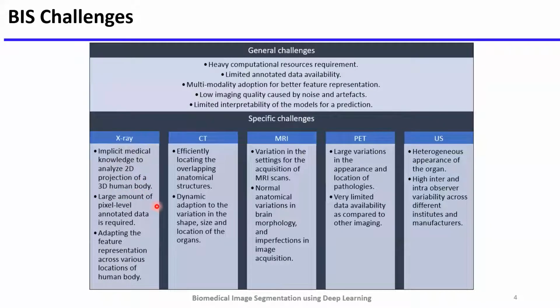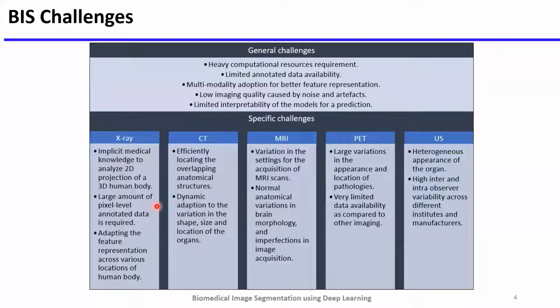Once you take the X-ray images, the output is in 2D form, so how do you interpret that 2D image for a particular 3D object? That is one of the biggest challenges that radiologists face while analyzing the X-ray images. A lot of experience is required.